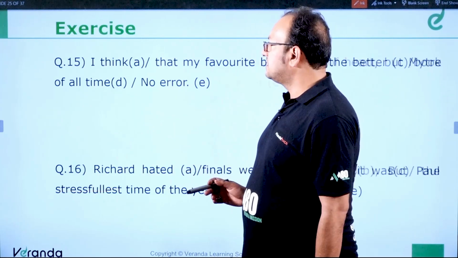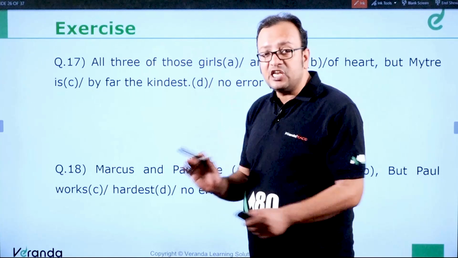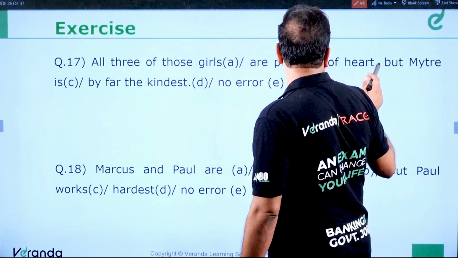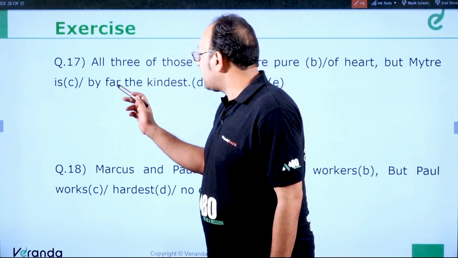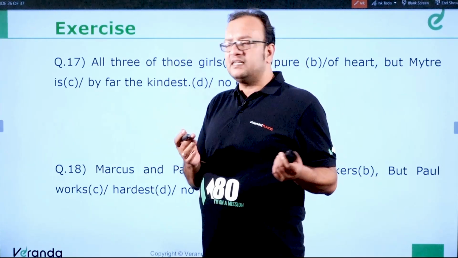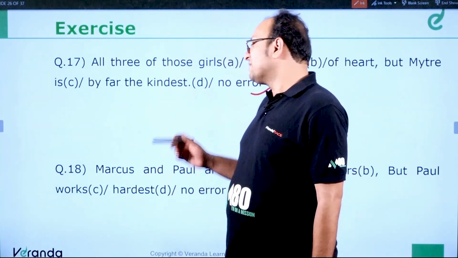Question number 17. All three of those girls, understand, more than two people, are pure of heart, but Maitri is by far the kindest. Fine, three people, Maitri is the kindest, no error, 100% correct sentence, right? Okay.